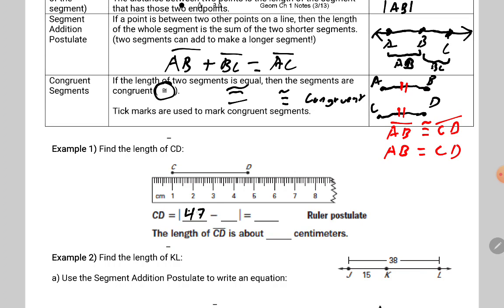Oh, sorry, these are in centimeters. This is 1 centimeter, 2 centimeters, 3 centimeters, 4 centimeters. So this is 4.7 minus C, which is at 1. So this is 3.7. That means the length of CD is about 3.7 centimeters.